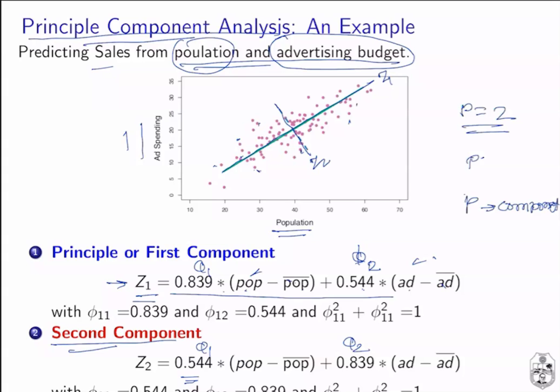The first component I am calling the principal component, or Z1, and the second component I am calling the second component, or Z2. These components are nothing but the linear combinations of the input features, and the number of components in a particular data set is always equal to the number of features in your data set. If there are p features, then there are p components.